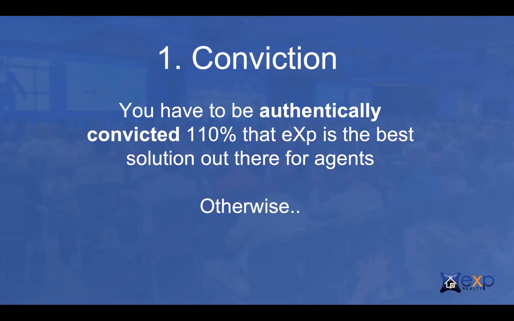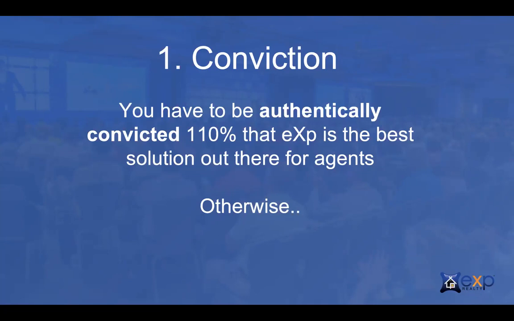Yeah. So if there's one nugget, I know I'm going to go over quite some stuff in the 30 minutes, but if there's one thing that you need to take away today, and you can only take one thing, you need to understand that without conviction, without an absolute belief in the product that you're selling, it could be real estate, it could be EXP, it could be anything.